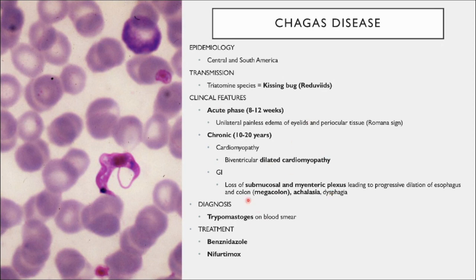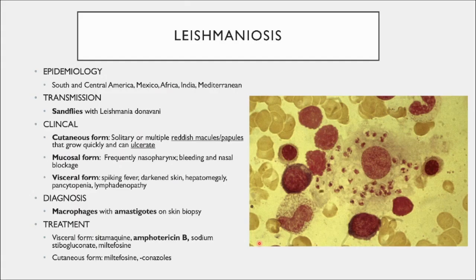So what I want you to think about when you see Chagas disease is some kind of dilated large organ, whether it's megacolon, achalasia, or cardiomyopathy. Again, the treatments are kind of beyond the level that you'll need to know, but benznidazole and nifurtimox can be used to treat this. And then finally, there's leishmaniasis.